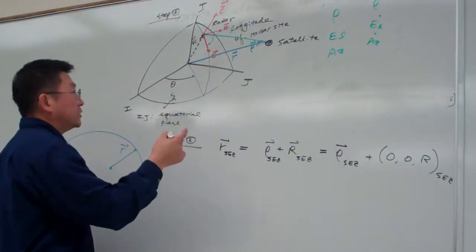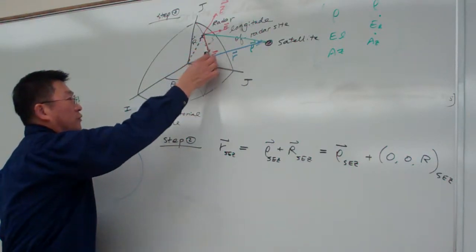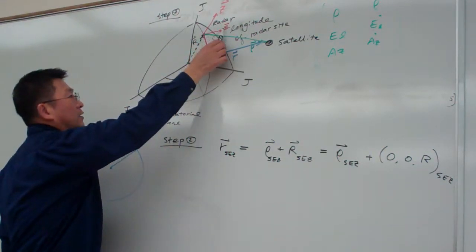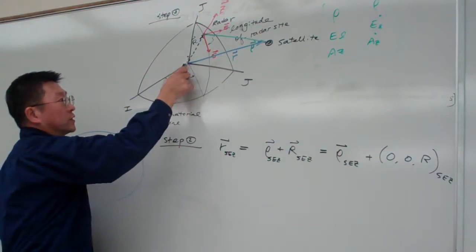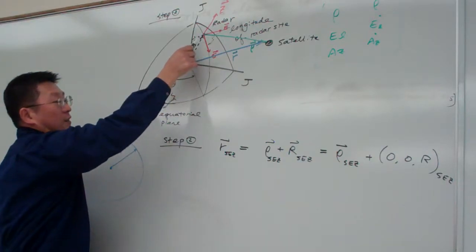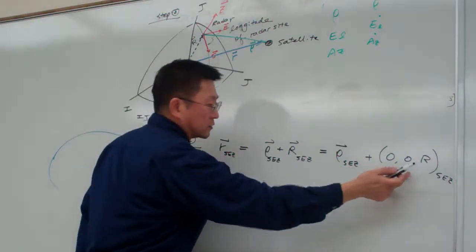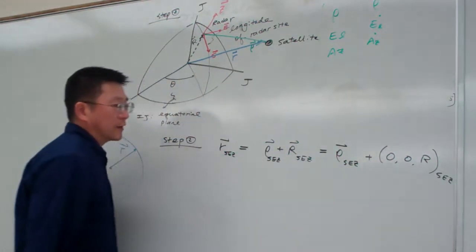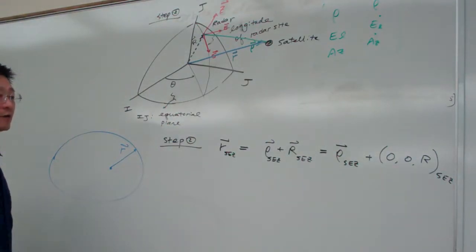In the SEZ system, the first coordinate points in the S direction, the second in the E direction, and the third in the Z direction, which has the R right here. So simply we express it like that. That is the calculation procedure.